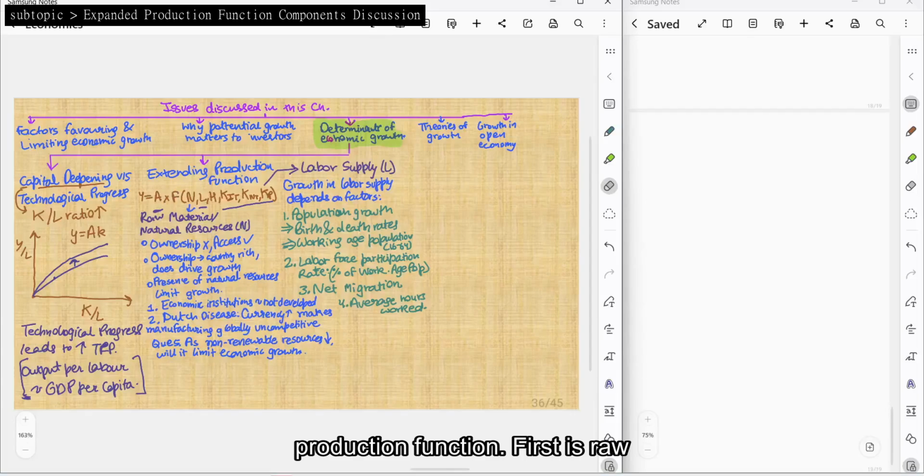First is raw materials or natural resources, denoted by N. For a country to grow, access to natural resources is important, not ownership. For example, countries like Japan and Singapore have very few natural resources available, but these countries can import natural resources.